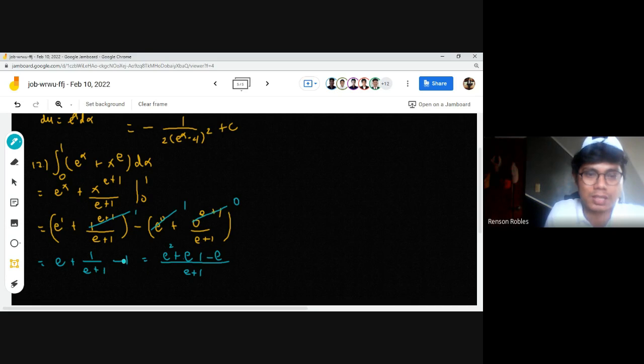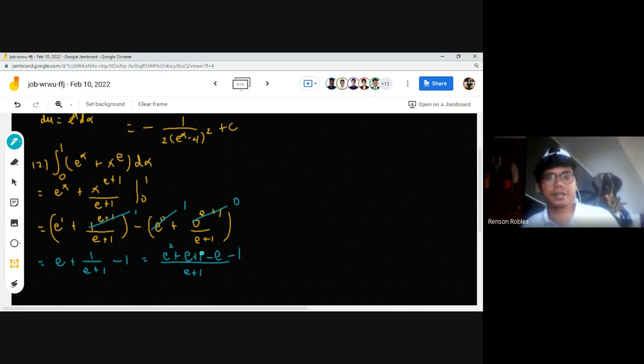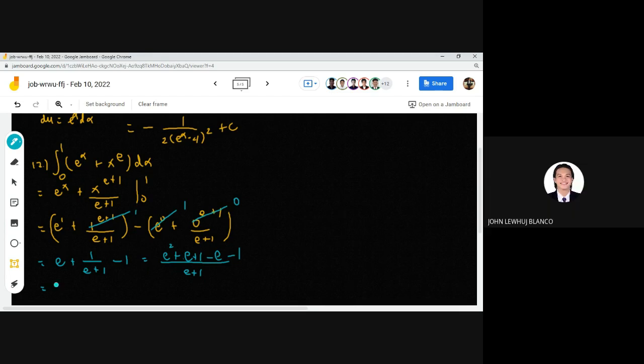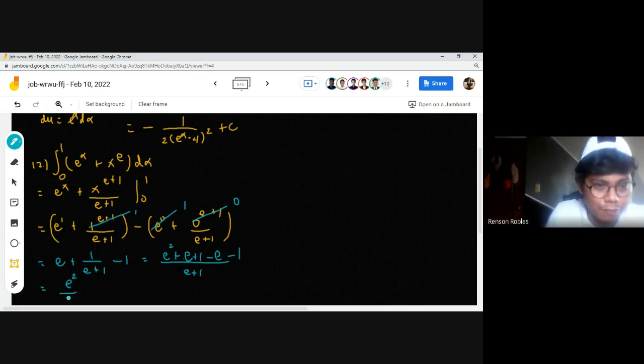Then 1 times negative 1 is negative 1. This is plus 1. Okay? And then what happened? Ano na lang na iwan? E squared na lang. Right? E squared over e plus 1. And this is the value of this integral.